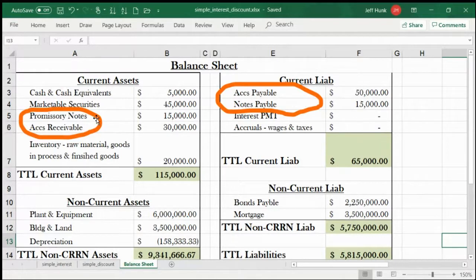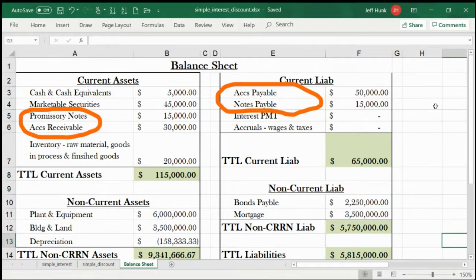But anyway, promissory notes are recorded in the balance sheet. From the seller's perspective, the seller receives the promissory note, and it is recorded on the current asset side. It is considered a part of accounts receivable.